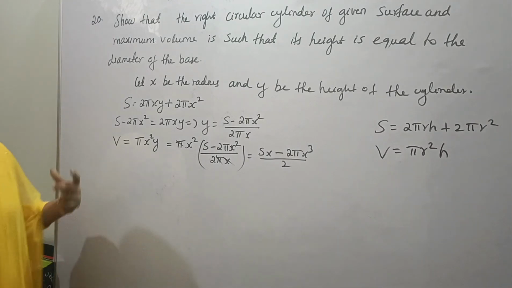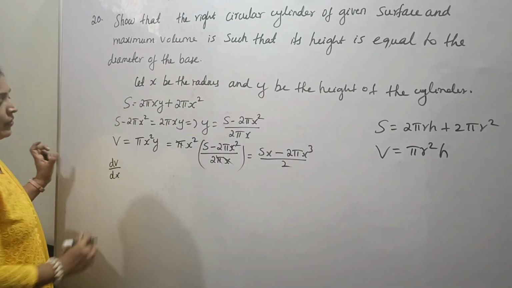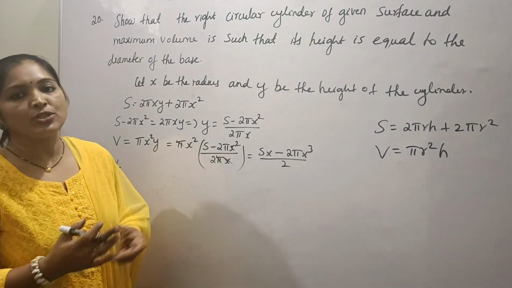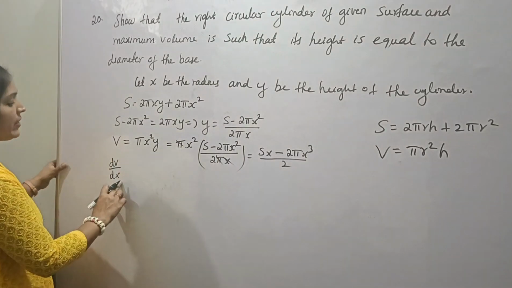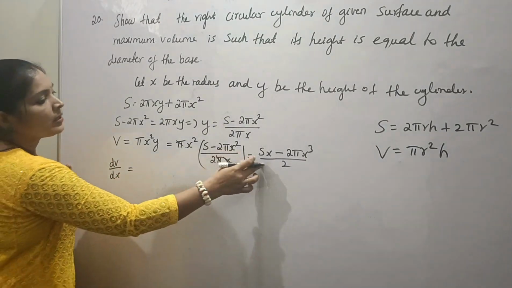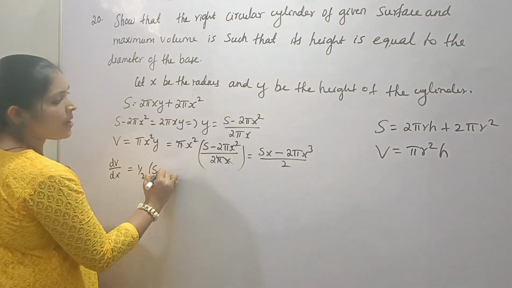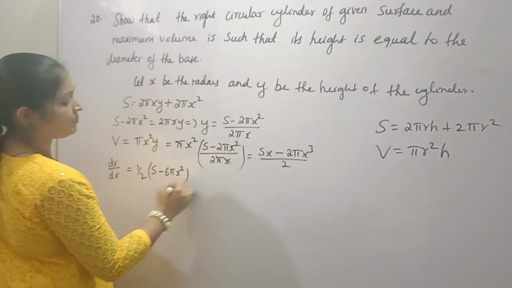Now let's find dV by dx. Here we have to find when the volume is maximum, so what are x and y? We have to prove the height is equal to the diameter. So dV by dx is equal to 1 by 2 into the derivative of Sx, which is S, minus 6 pi x square.